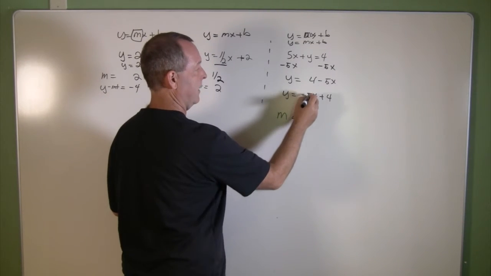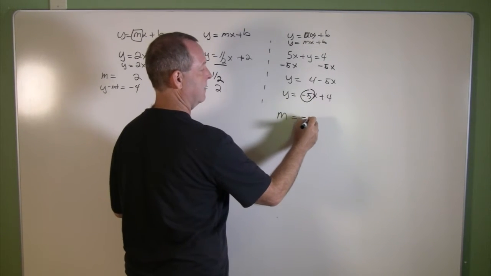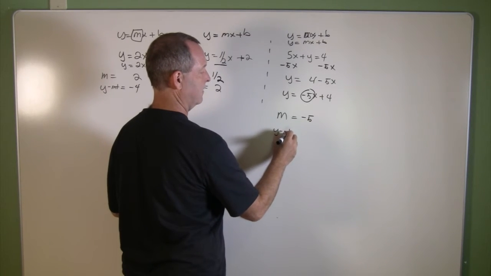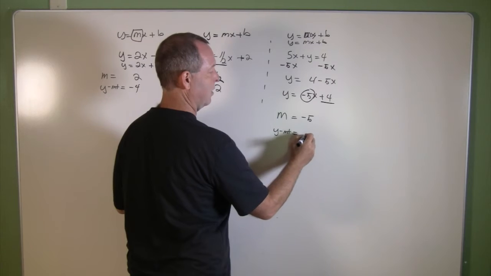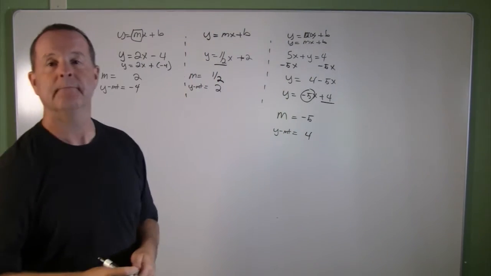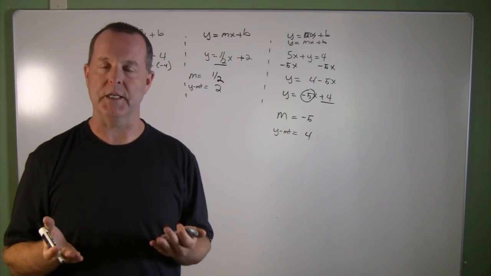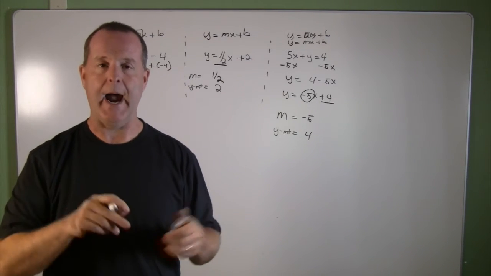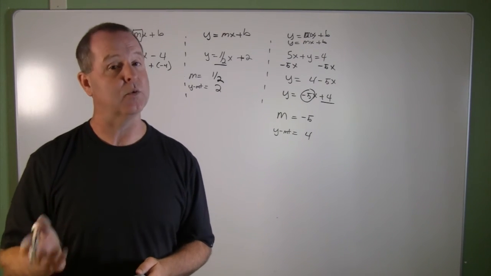Its slope is negative 5, and its starting point, its y-intercept, is a plus 4. Once I find the equations in slope-intercept form, just by visually inspecting them, I can determine the slope and the y-intercept.